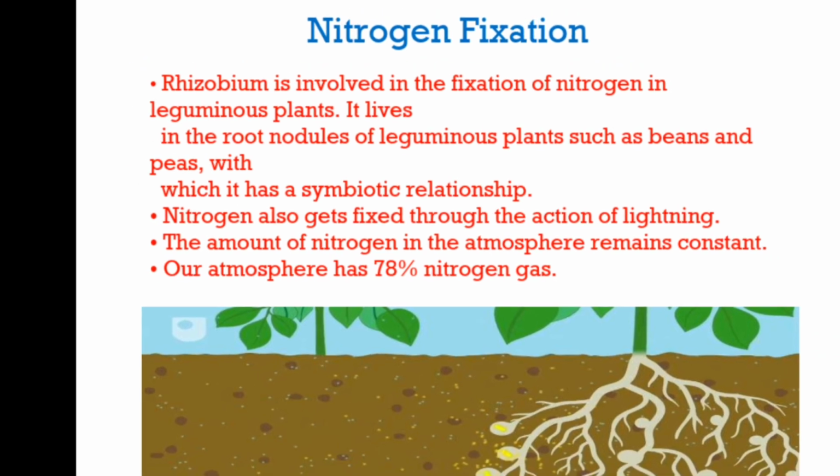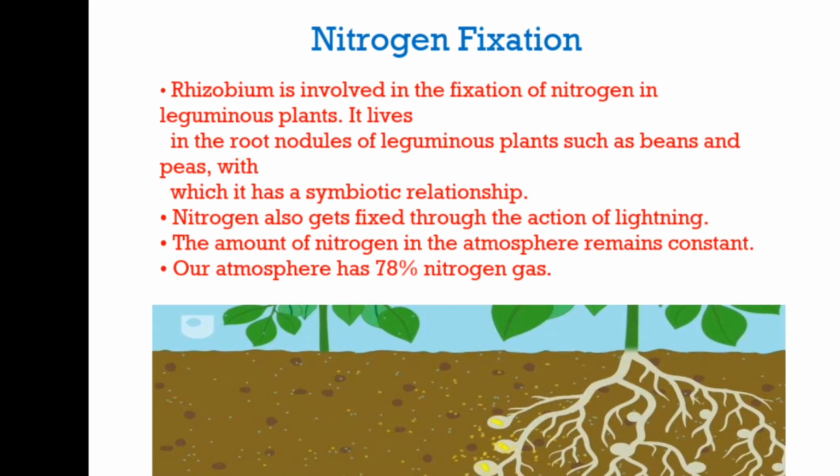This nitrogen fixation takes place with the help of rhizobium bacteria, which live in the root nodules of leguminous plants, that is beans, pulses, peas, etc. So this bacteria helps in the fixation of atmospheric nitrogen.